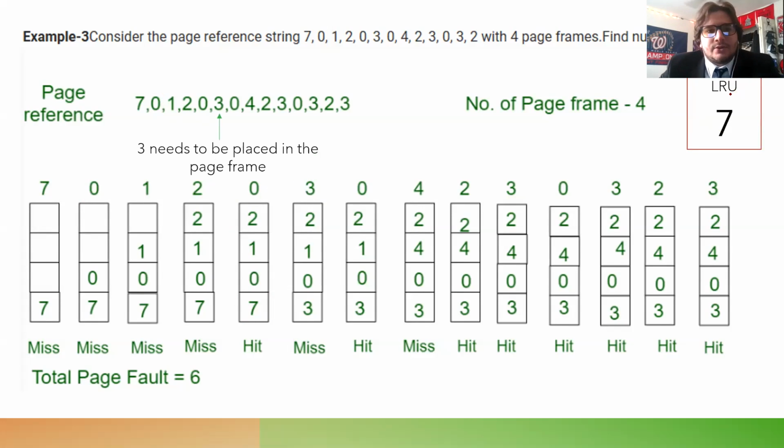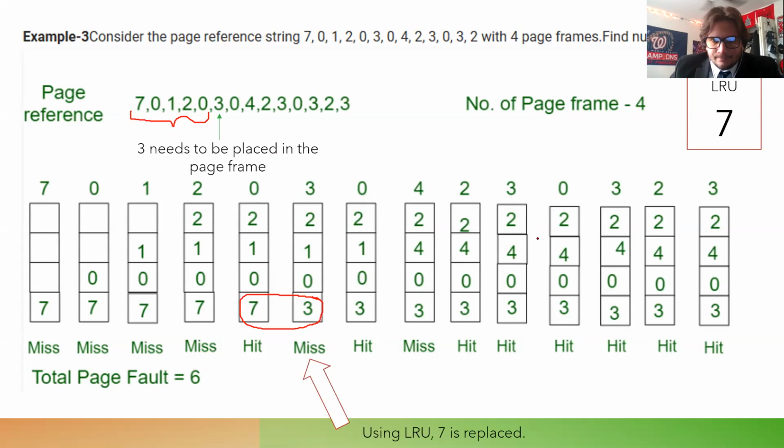So then we get next to the 3, and the 3 needs to be placed in because it is not in the page frame right now. So what we do is, because 7 is the least recently used, the 3 will replace the 7. And so what we update now is the least recently used, because the 7 is gone.